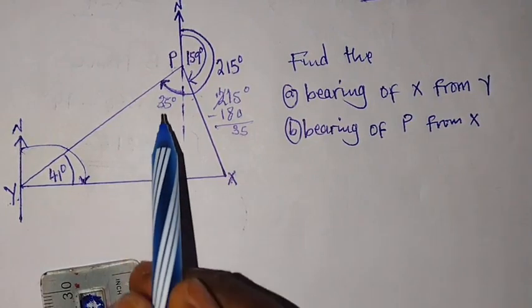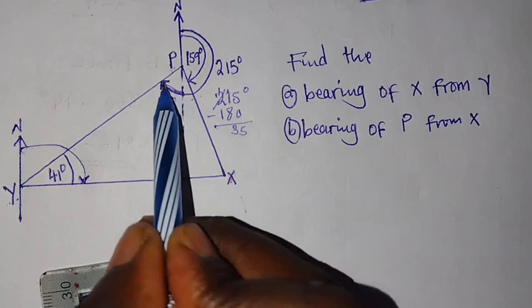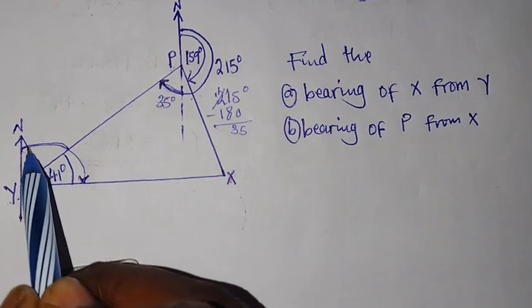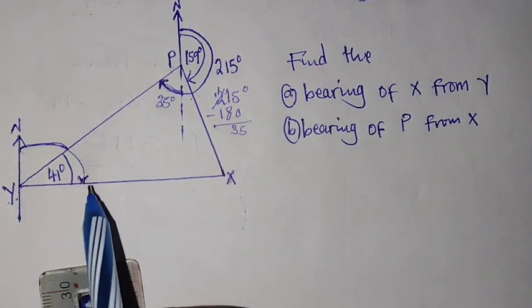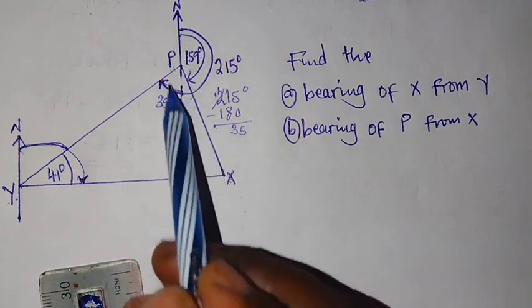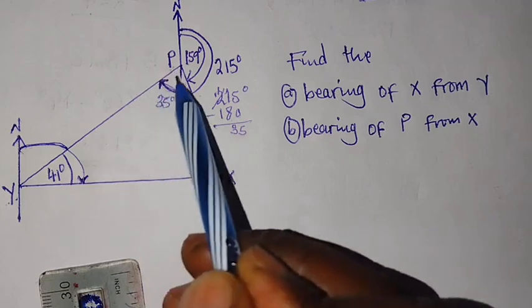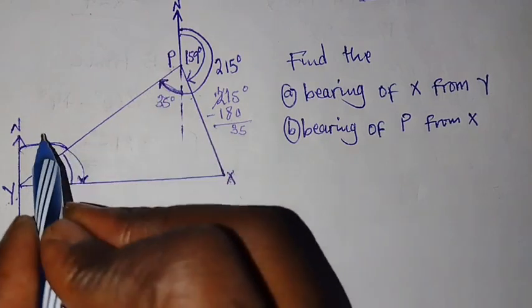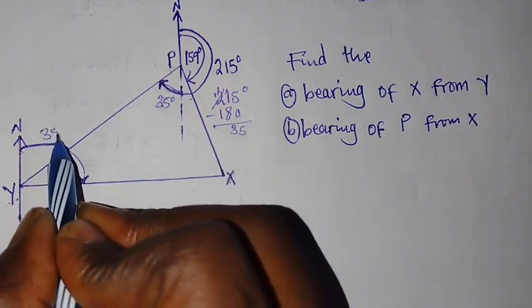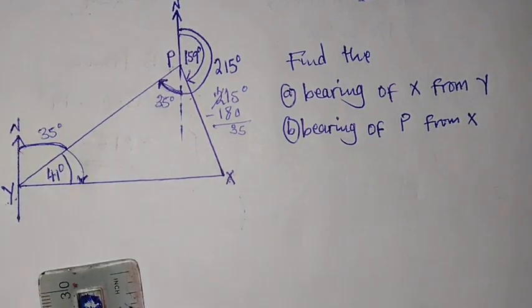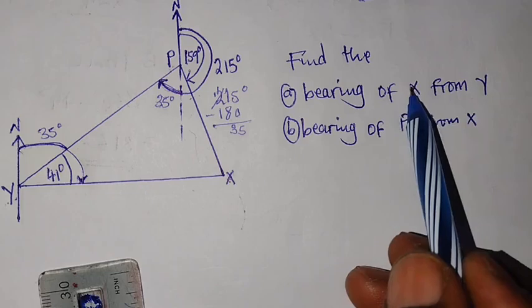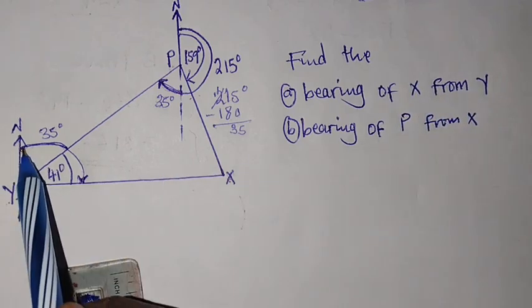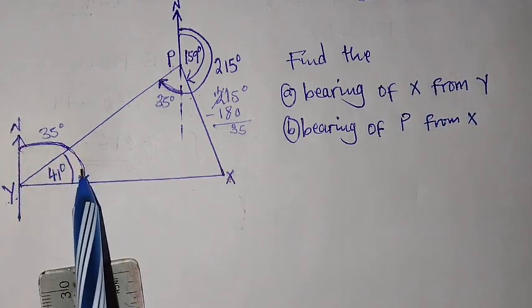The moment we find 35 here, this 35 is equal to this angle right here, because these are alternate angles. We have two parallel norths, and a transversal line passing here. So even here we are going to have 35 degrees. Now we can find the bearing of X from Y, sorry, I keep mentioning P, which is this entire angle.